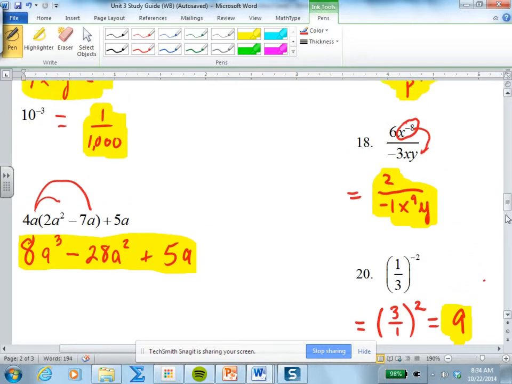Yes. On number 18, why is it x to the 9th? The question was, why is it x to the 9th on the bottom of number 18? It is because of the quotient rule, which says you subtract the exponents of like bases, right? So it's going to be x to the 1 minus 8.